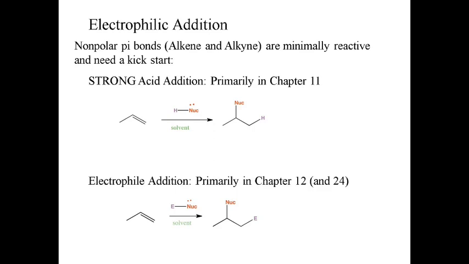Pi bonds versus sigma bonds: which are higher in energy? Pi bonds are higher in energy because they involve p orbitals, not s orbitals. P orbitals are higher than s. So it goes all the way back to atomic theory. Those electrons are accessible to react with, but I must polarize them to get them to react.